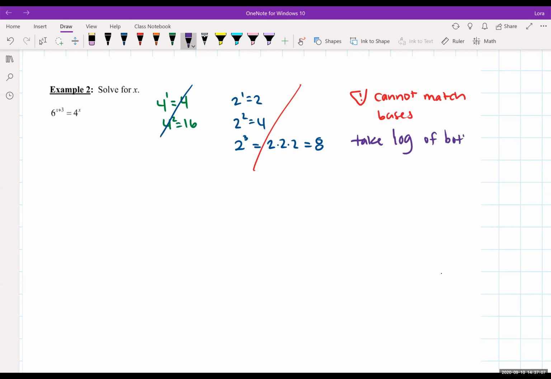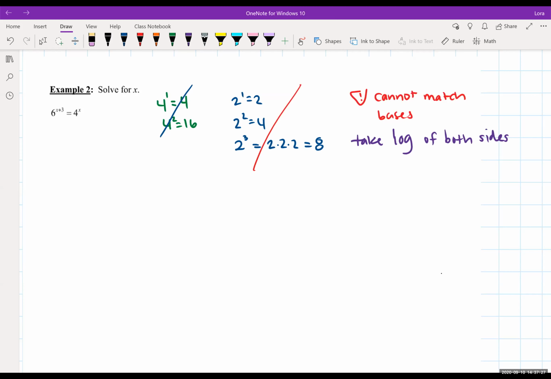That's more popular because we have that already incorporated into our calculator. A lot of times people like to take the natural log of both sides as well. But for our purposes, I would go with the common logarithm, log with base 10.